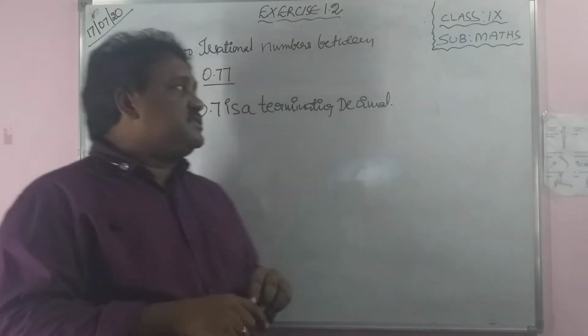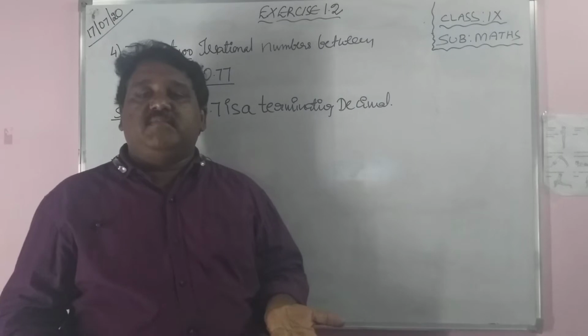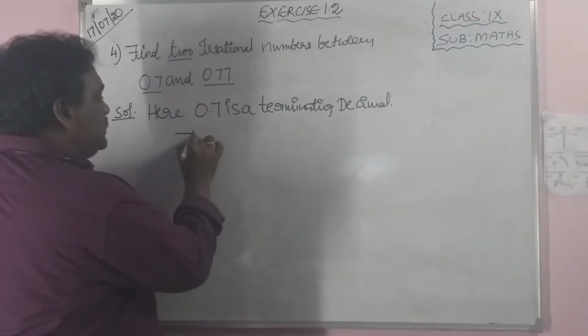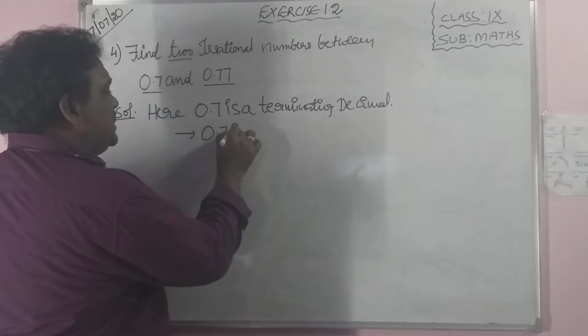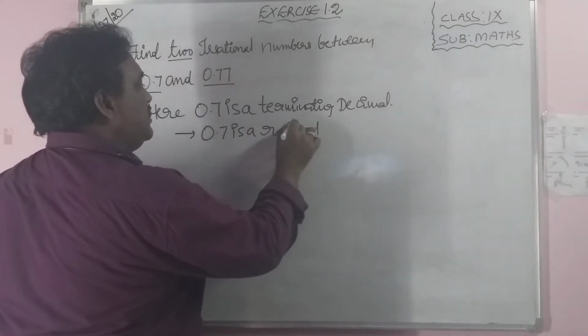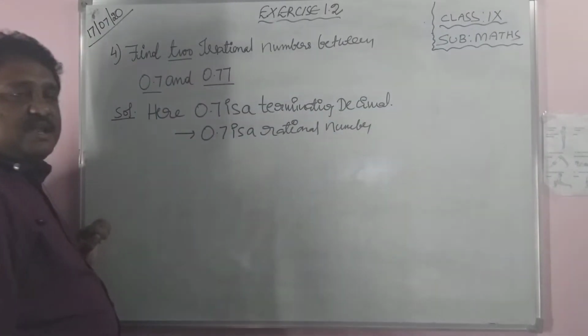How will we write it? 0.7 can be written as 7 by 10, which means it is a rational number. So 0.7 is a rational number.